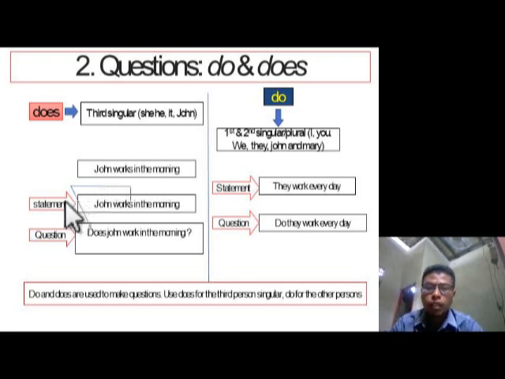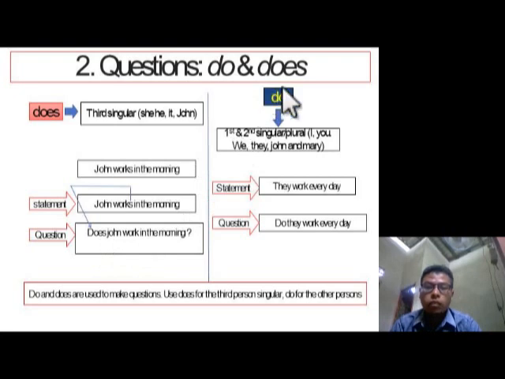Ya, maka kita bisa bertanya, does John work in the morning? Nah, perhatikan bahwa di sini kata works, ya, akan kembali kepada bentuk semula work jika diawali dengan kata tanya does, ya. Jadi tidak boleh ada double s di sini, ya.